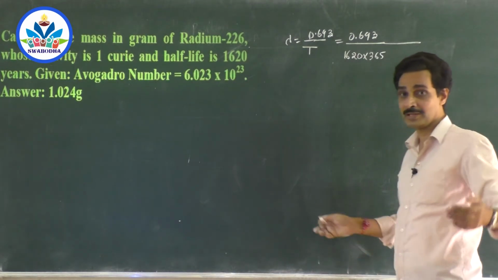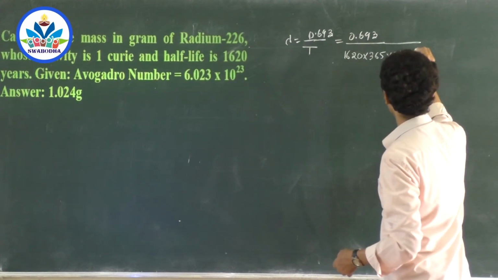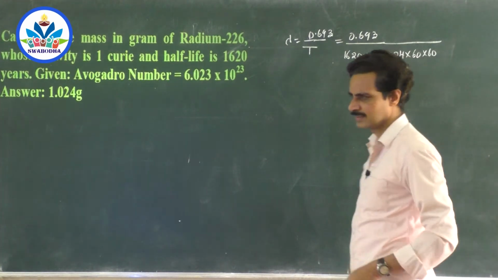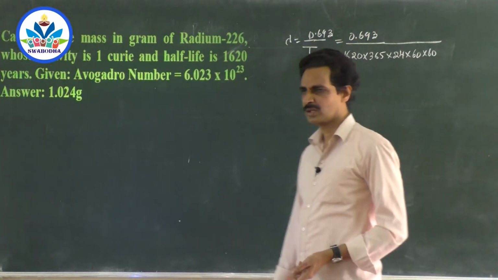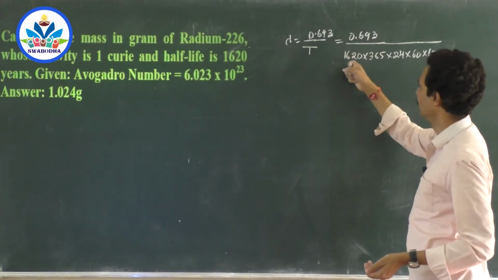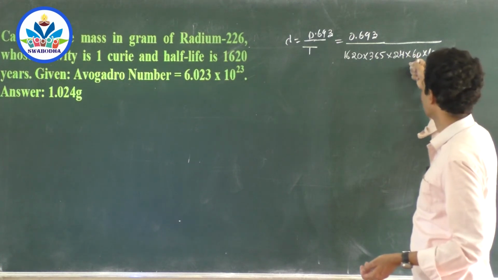Here you have a very big number. Let it be like this. We will calculate it at the end, because that gives 10 to the power minus something. So lambda is 0.693 divided by 1620 years, 365 days, 24 hours, 60 minutes, 60 seconds.